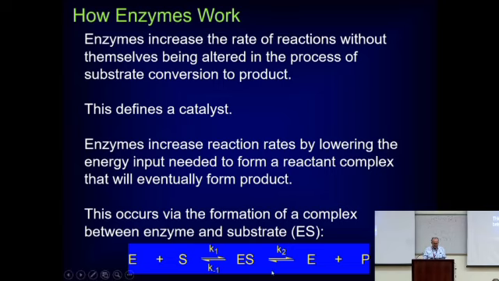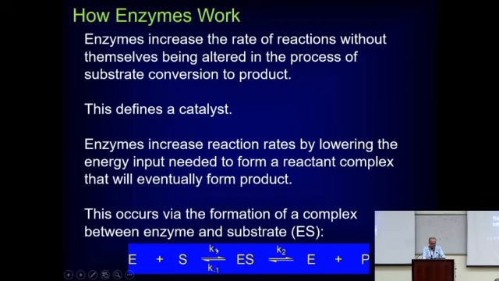And after that, the product is formed, but the product remains attached to the enzyme, and in the last stage the enzyme will release the product. So all of these steps have their unique rate parameters or kinetic parameters.